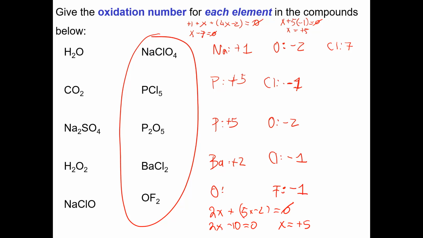So then if we want to get what oxygen is, we can use rule 4. So x for the oxygen, 2 times -1 for the fluorine, has to equal 0. So x must be +2. So oxygen is +2. You get real quick at doing some simple algebra, and you can use a calculator if you need be. Just take your time, make sure you get the correct oxidation numbers.